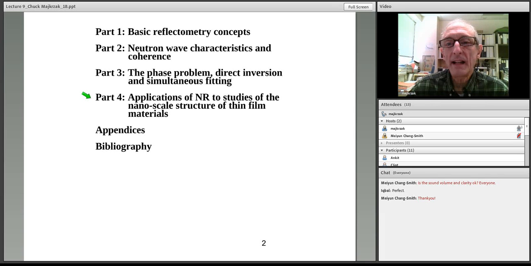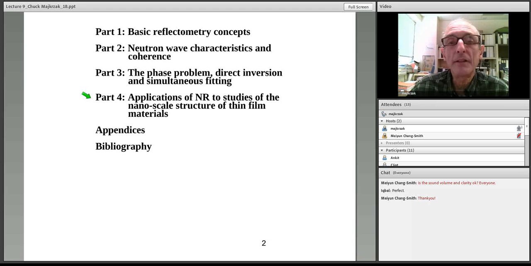Now, originally I was going to include X-ray reflectometry, but I decided not to, only so that we have time to focus more on the neutron part. But you should keep in mind that almost everything we say about the technique and the methodology for neutron reflectometry also applies to X-ray reflectivity studies as well.